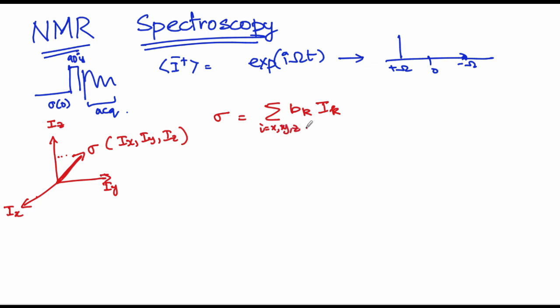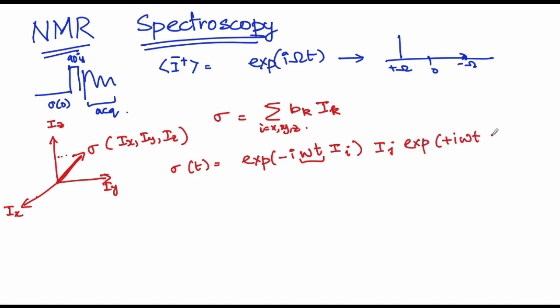And this would once again help you understand what happens when you apply a few things. For instance, if you want to determine what is sigma of t, and you have a certain propagator, minus i omega t Ii, and you have an initial state which is Ij, we'll try to deduce what the final value will be based on these types of operations.